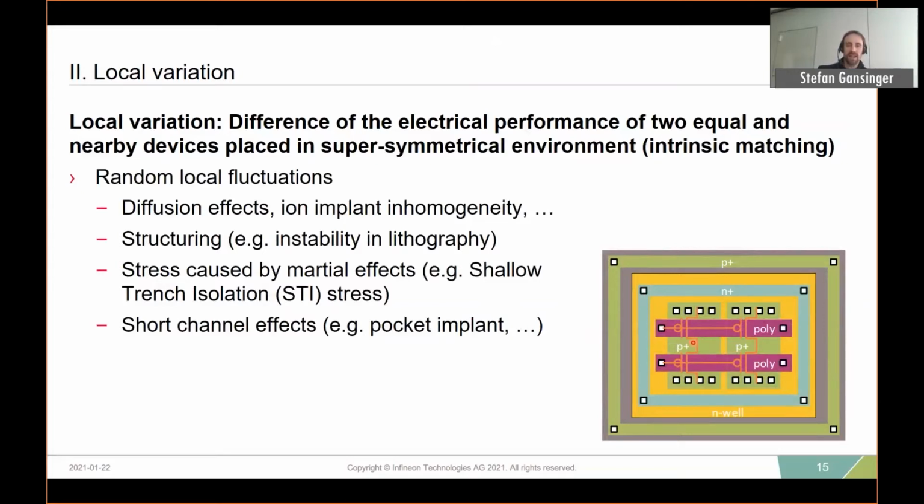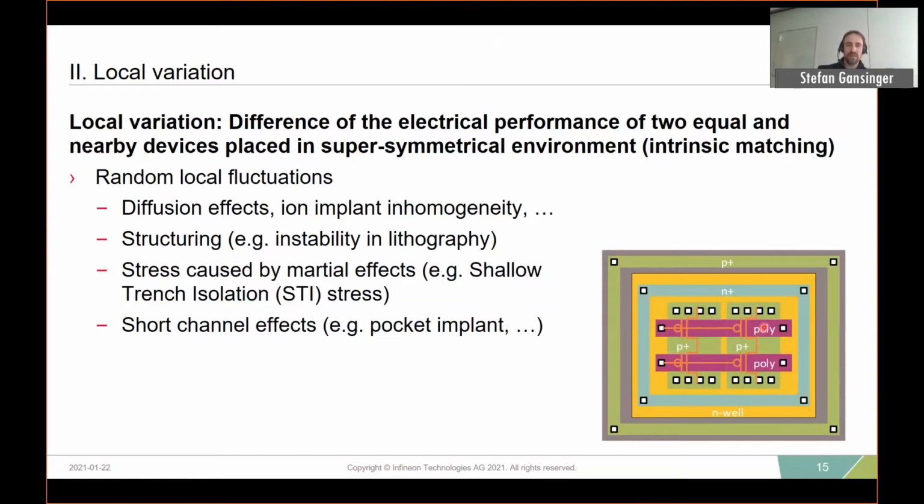So the left side and the right side are perfectly symmetrical. From this, we could expect that the transistor on the left side equals the transistor on the right side. But due to so-called random fluctuations, this isn't the case. There are different effects which influence this behavior.